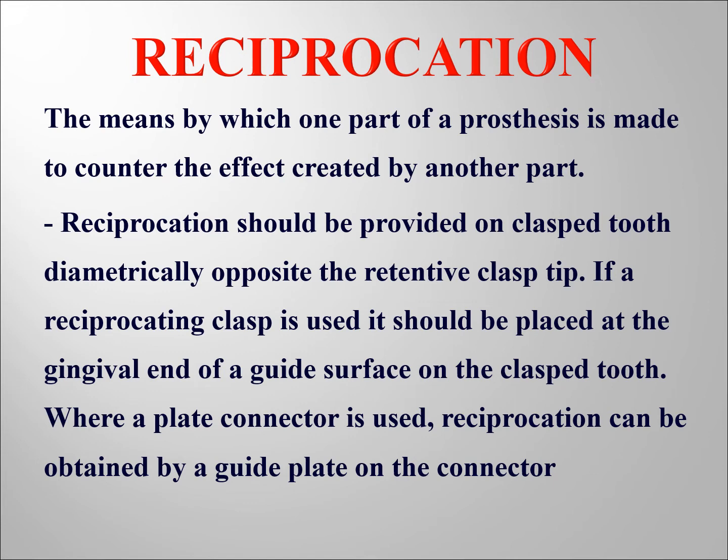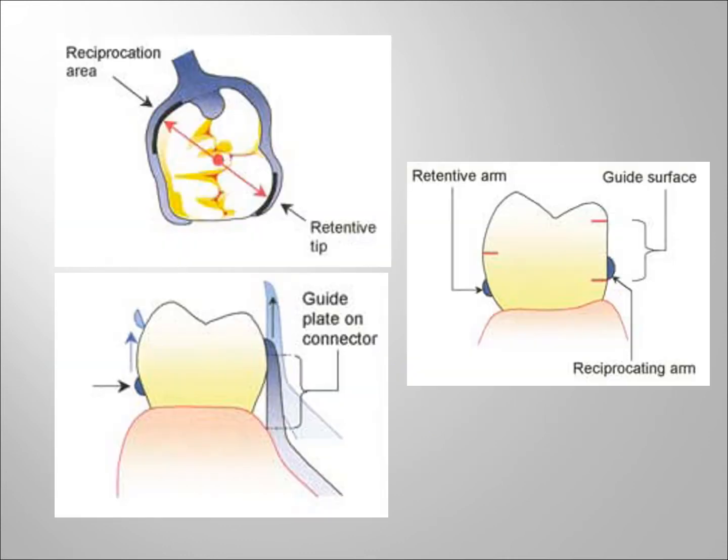Now, if it's a reciprocal arm, of course, we need to prepare a guiding plane on the opposite side to have the reciprocal arm touching the tooth at the right time during insertion and removal. Or it can be a plate, for example.